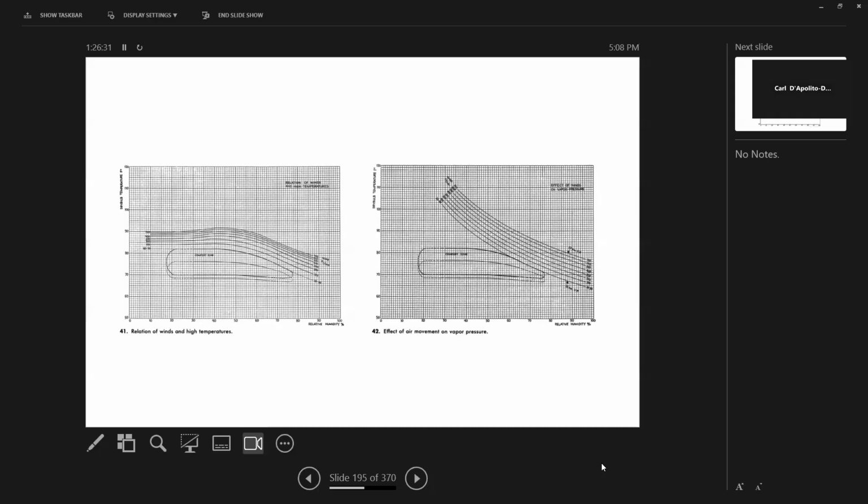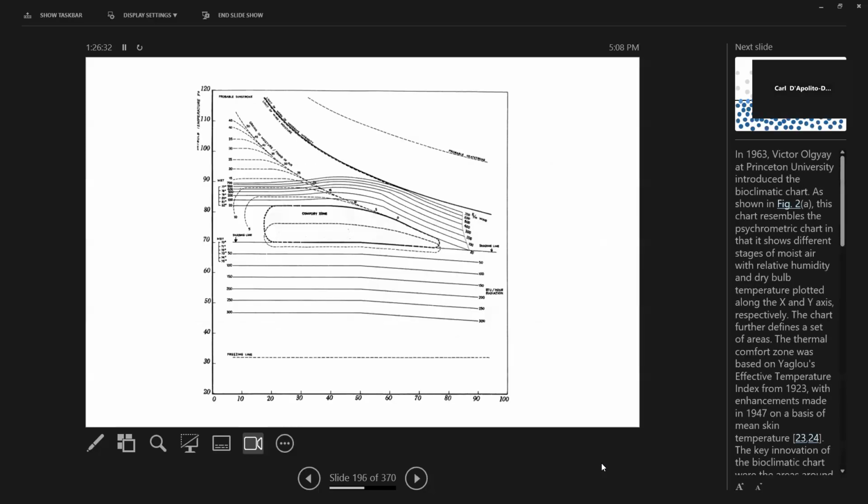So the lower one is the winter one, and then he drew lines on this, and they're very confusing. He drew all these lines, and the idea was if you plotted a point, like if you knew that you had 30% humidity and it was 85 degrees outside, that would be here.